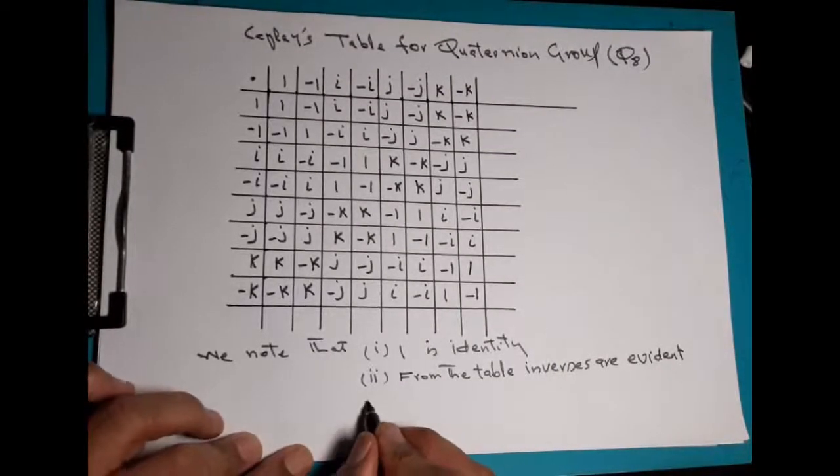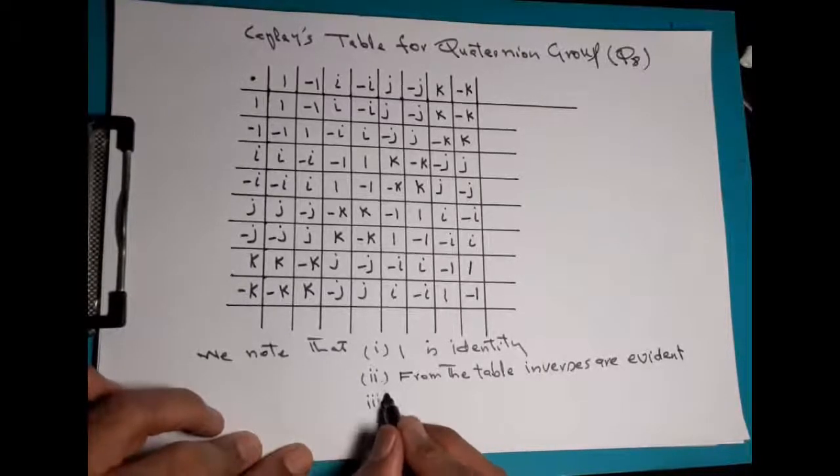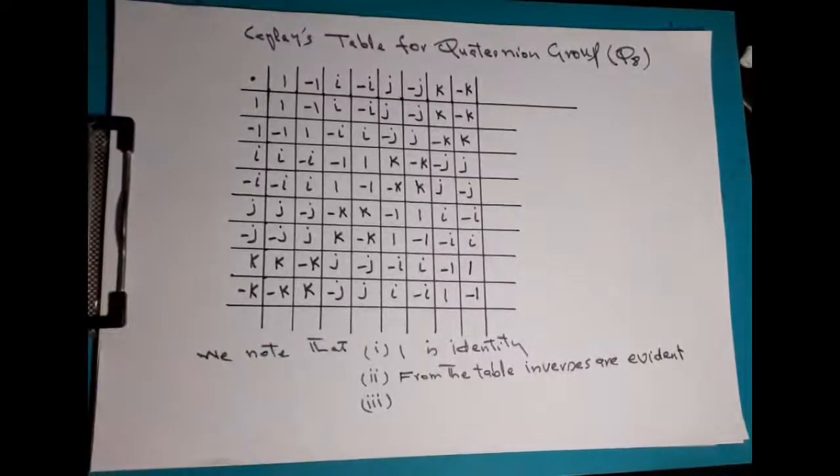So having done that, number 3, you can check the associative law by trying different combinations.